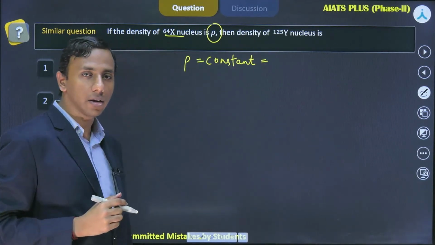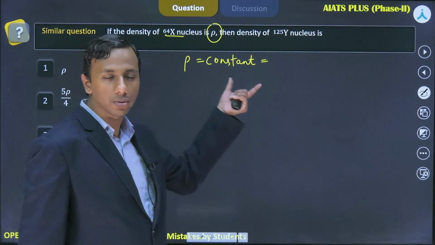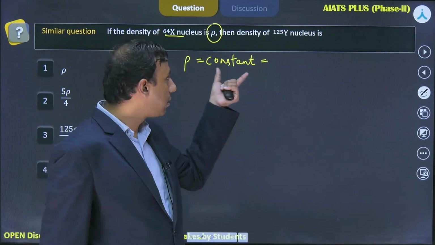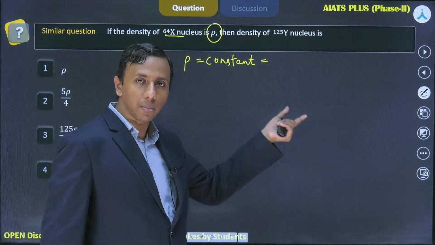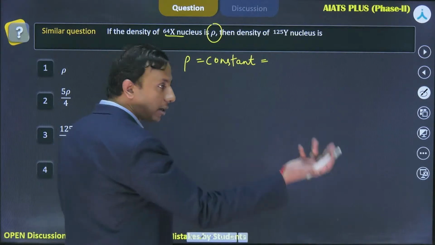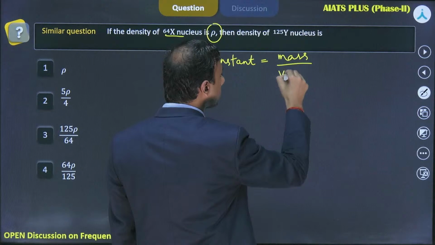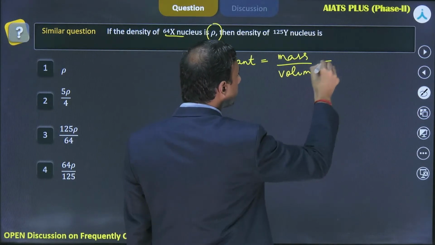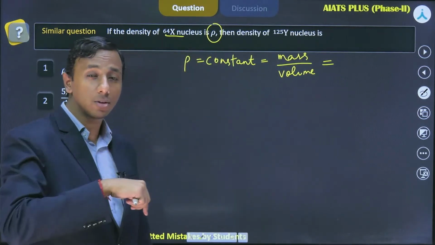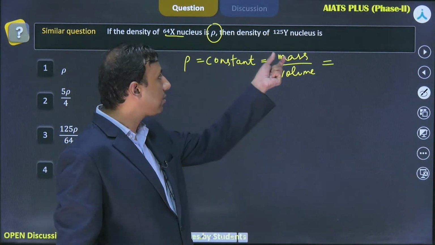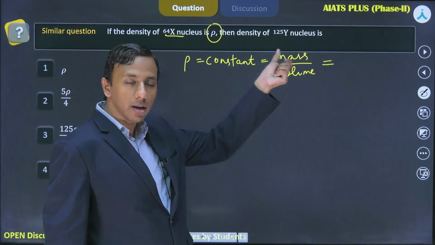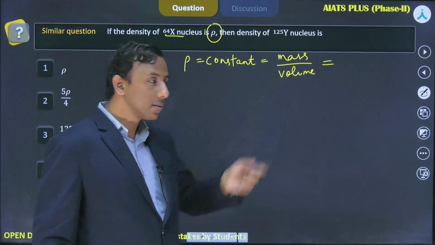This we had discussed earlier also. If you want, we can prove this also. How will we prove it? Density is total mass upon total volume, isn't it? So let's prove it. Mass upon volume. Mass number is known to you, so let's say it is A for now. And what will be mass then?